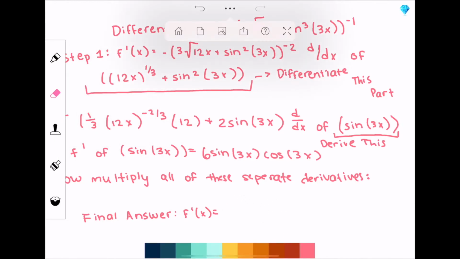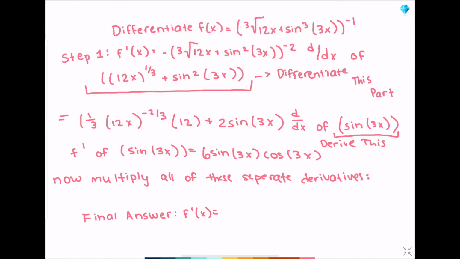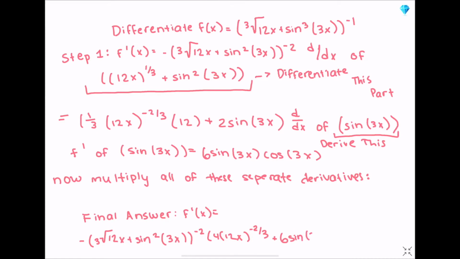And the final answer is negative 3 cube root of 12x plus sine squared of 3x to the negative second times 4 times 12x to the negative 2/3 plus 6 sine of 3x. Now this time, 6 sine of 3x times cosine of 3x. There you go. It's beautiful.